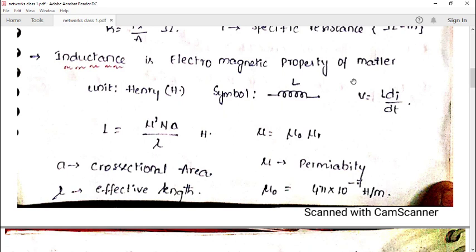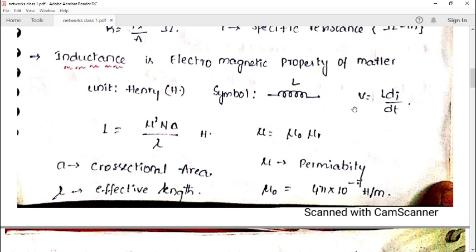As of now, please remember, unit of inductance is Henry, and circuit symbol is this spring-like structure. Actually, when we wind a conductor in such a way that it looks like a spring, it is called an inductor, or coil.